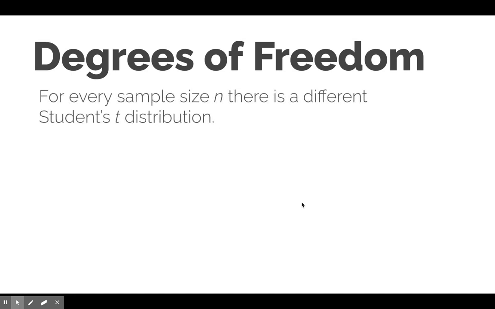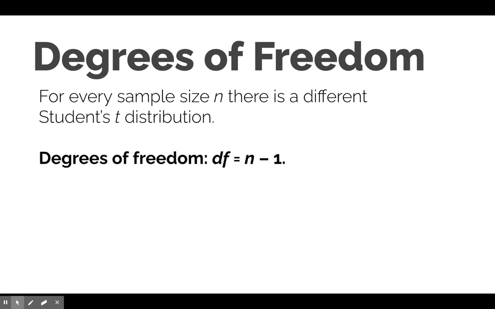I know this is going to be weird, it's going to be challenging to explain, but essentially for every sample size n, there is a slightly different shape for the t-distribution. And so it's categorized by its degrees of freedom. Just some notation, degrees of freedom are often abbreviated with DF.